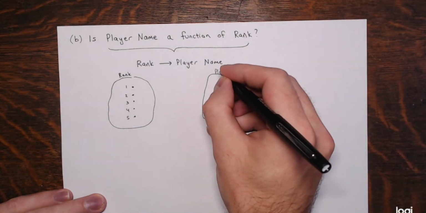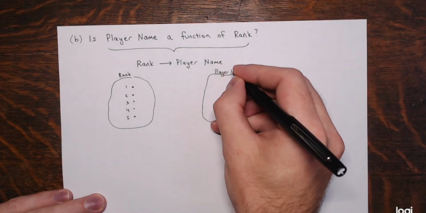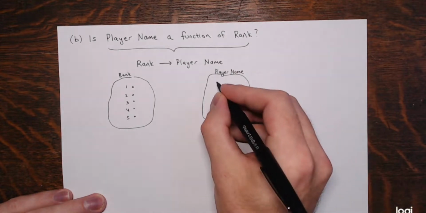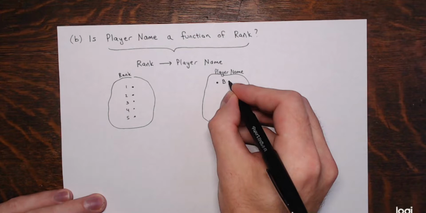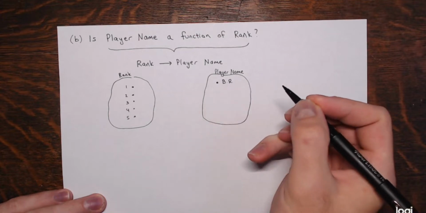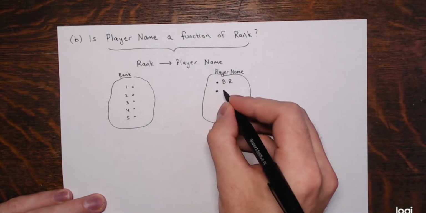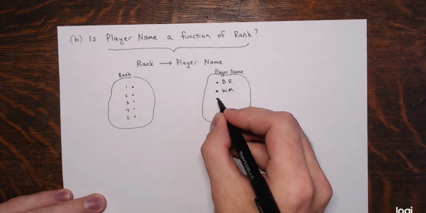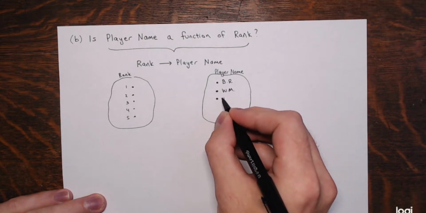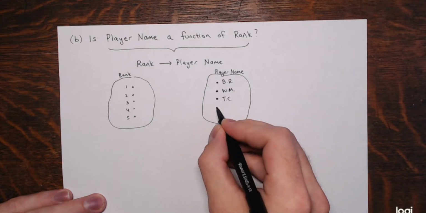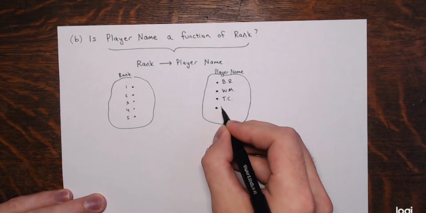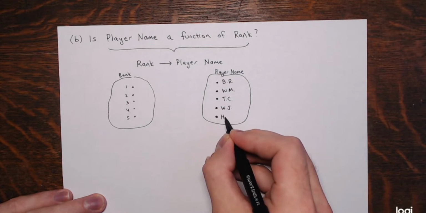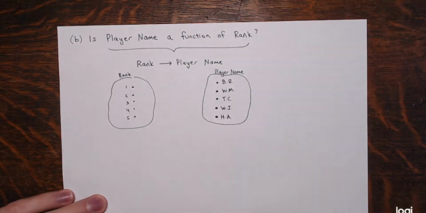Now I'm just going to put their initials this time, just to save on writing. You had Babe Ruth, BR, Willie Mays, WM, Ty Cobb, TC, Walter Johnson, WJ, and Hank Aaron, HA. Just so I don't have to write all the names again.